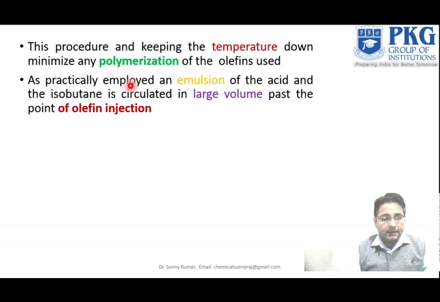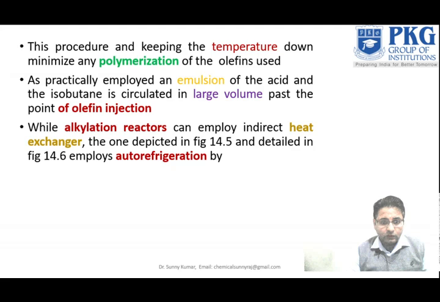As practically employed, an emulsion of the acid and the isobutane is circulated in large volume past the point of the olefin injection, while the alkylation reactors can employ indirect heat exchanger, the one depicted in figure 14.5 and detailed in figure 14.6 that will show later, employ auto refrigeration by.